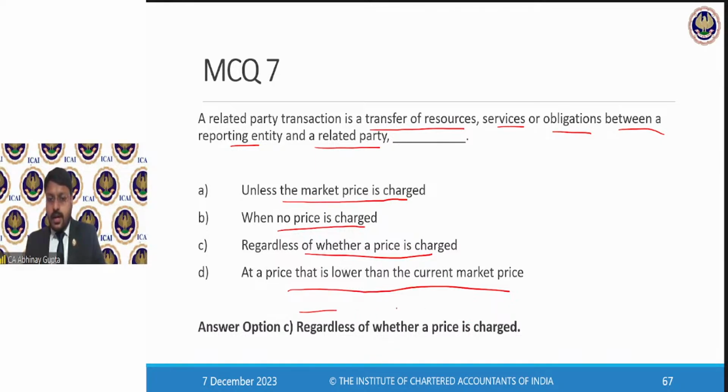So I have mentioned this, that whether the price is charged or not, disclosure or identification of related party doesn't get impacted, right? So the standard is not worried or concerned about the price at which the transaction is taking place. The standard is only worried about if the transaction is taking place, that needs to be disclosed, right?